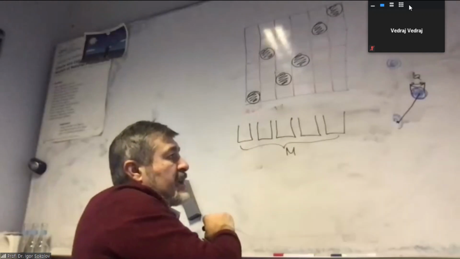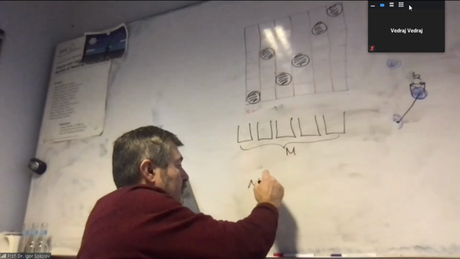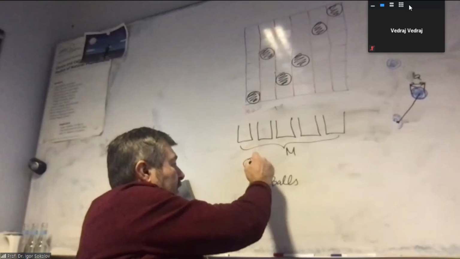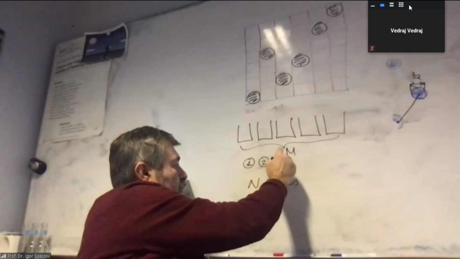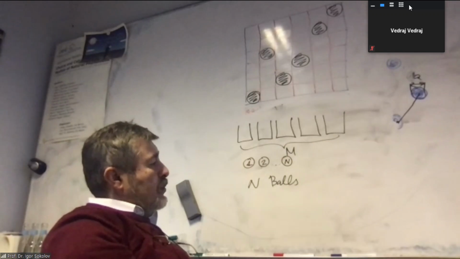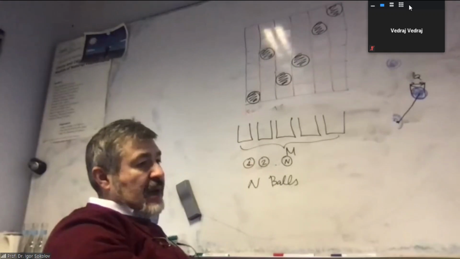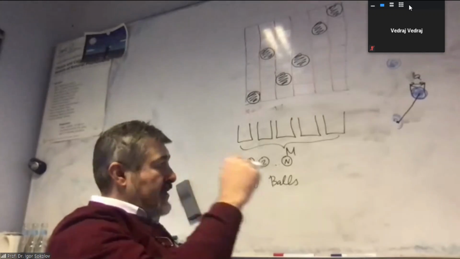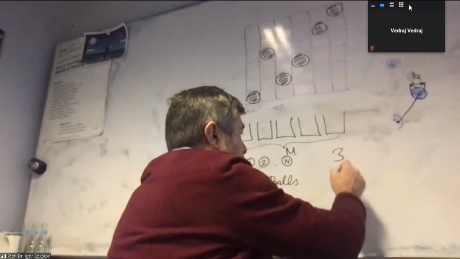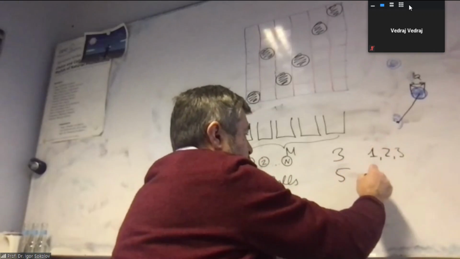And now imagine at the beginning that I have n billiard balls, and they lay here and they are all numbered. How many ways are there to place first these numbered balls in my cells? For example, how many ways are there to place 3 balls numbered 1, 2, 3 in 5 cells?